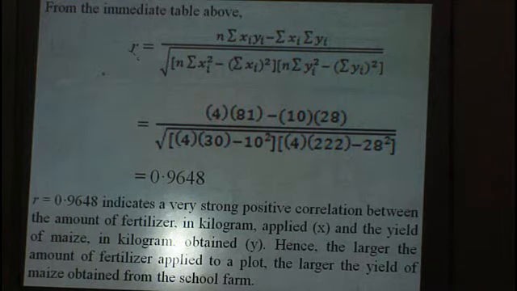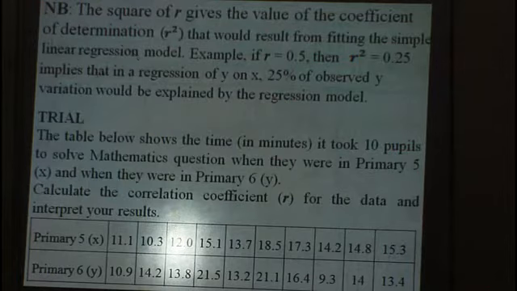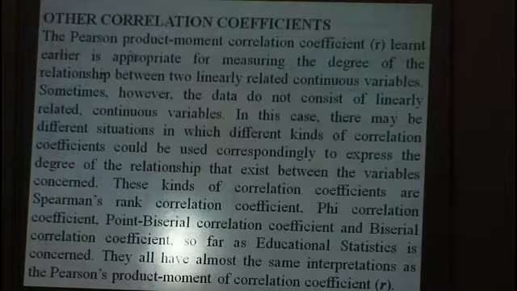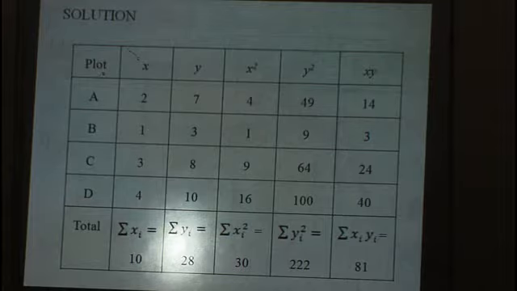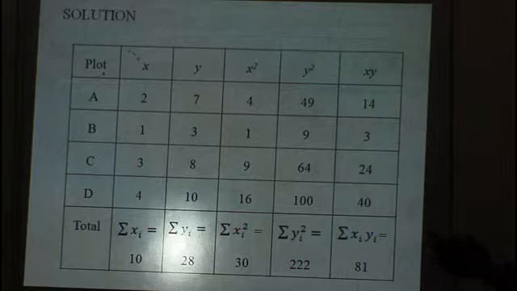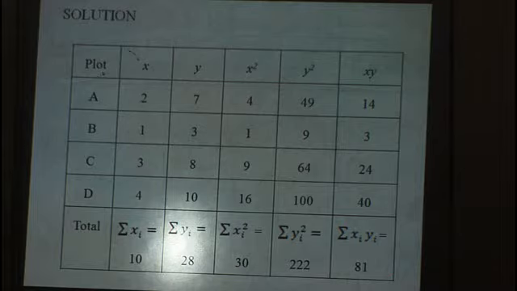That is what is used. Now if you come to the table, you can see that we have x, y, x squared, y squared, and xy. Now when you take them all, we will have the summary, that is the totals of the individual column headings.